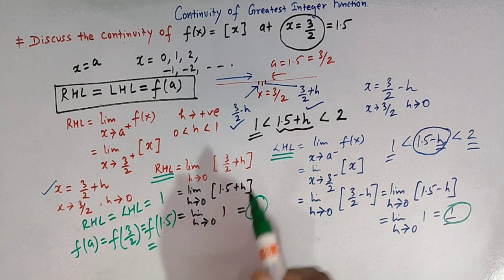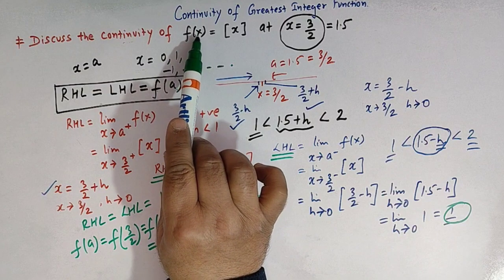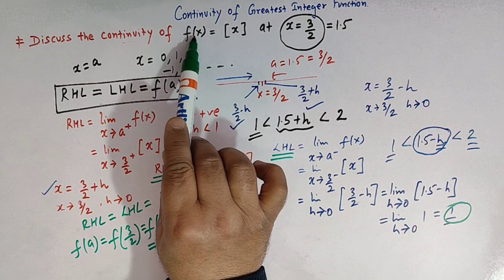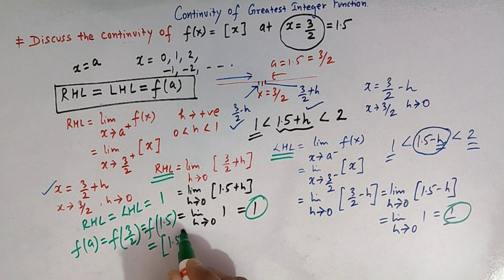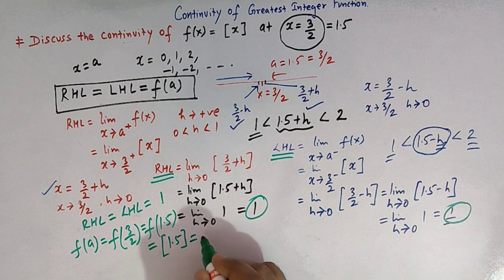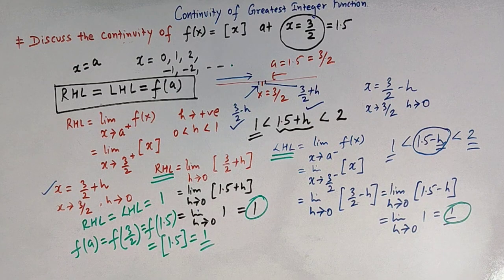So f of 1.5 can be obtained by taking x is equal to 1.5 in this function. So we have the greatest integer of 1.5, and its value is equal to 1, right?